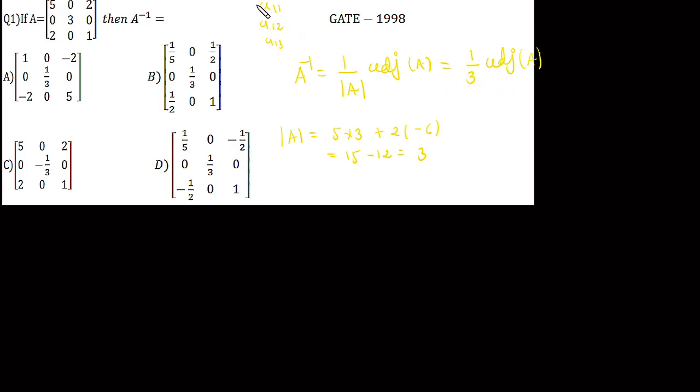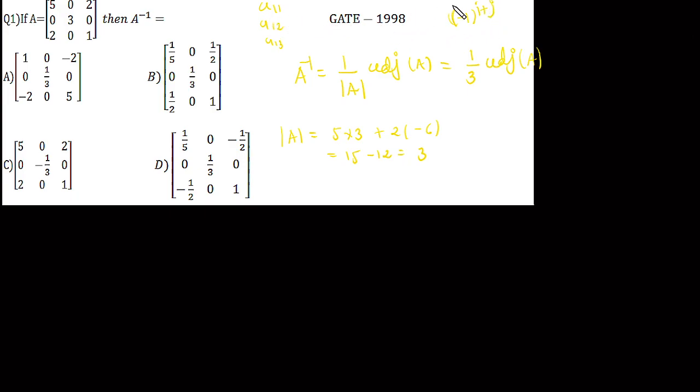From these minors, I have to form the cofactors and put the cofactor at this place. For this 5, I first find the minor of 5, put it at the place of 5, and then make its cofactor by multiplying with the factor minus 1 to the power i plus j.